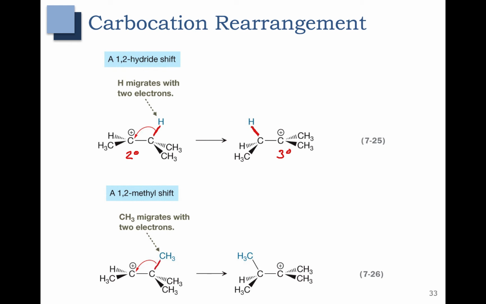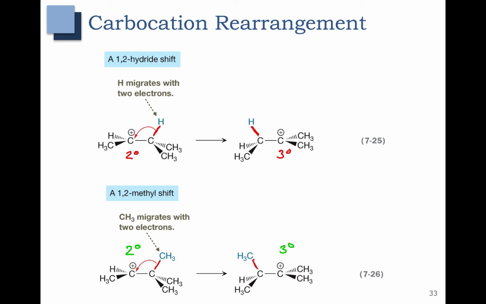That red bond that I just drew in is going to move over to that left carbon. And when it does, it's going to form this new bond over here and drag that methyl group along with it. Again, we are going from a secondary carbocation to a more stable tertiary carbocation.